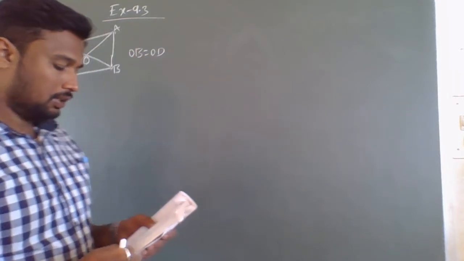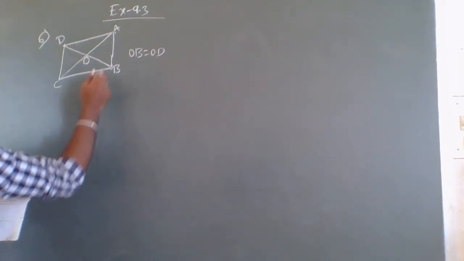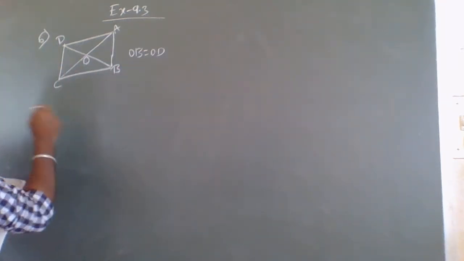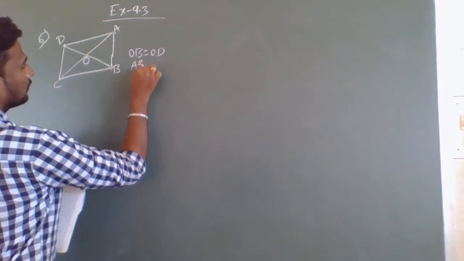If AB equals CD, again they have given that AB is equal to CD.